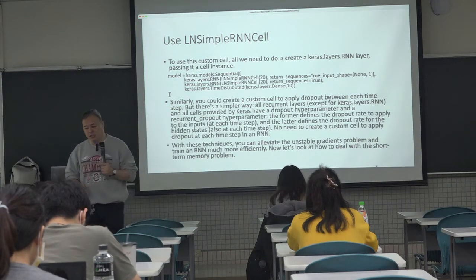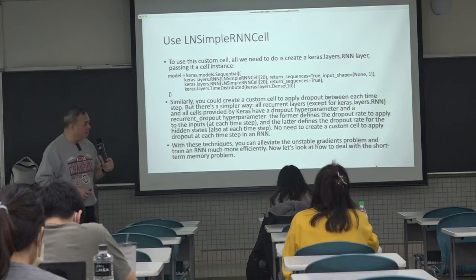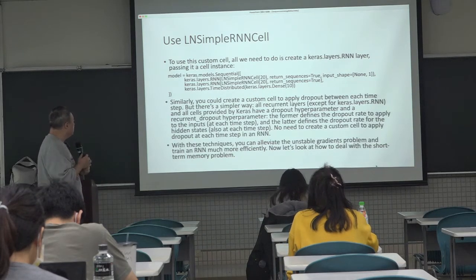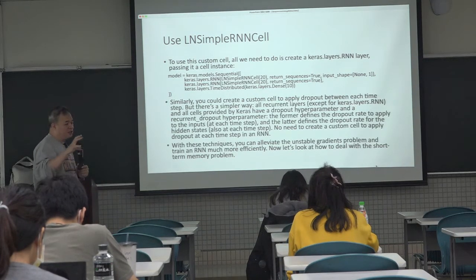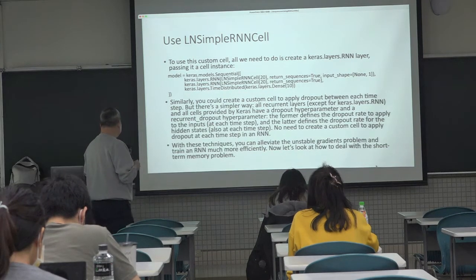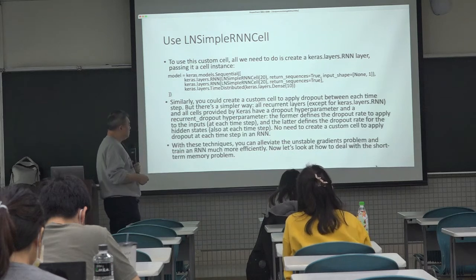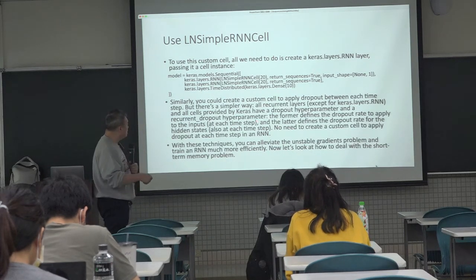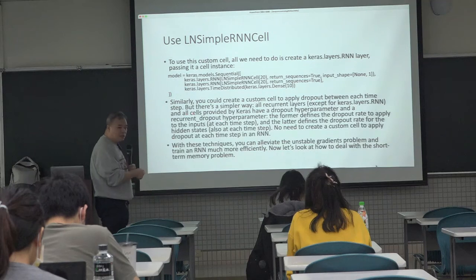Because remember, the RNN cell has two different inputs. The first one is just the regular input. The second one is the feedback. If you really want all the input to be turned off from time to time, then you need to set not only the dropout but also the recurrent dropout.